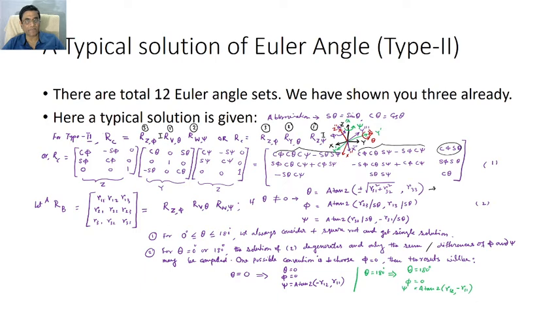There are 12 Euler angle sets. You can see Craig's book, Appendix B, and we have just taken three. Okay, we have studied three: what the composite rotation matrix will be, and just try to take one of them for getting a solution.